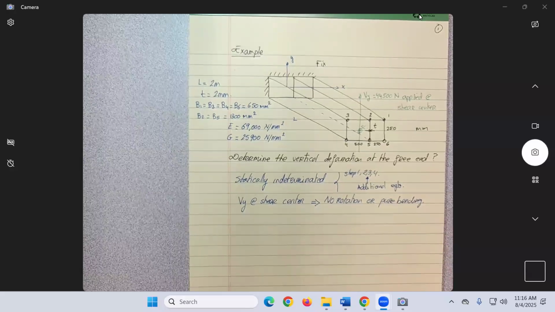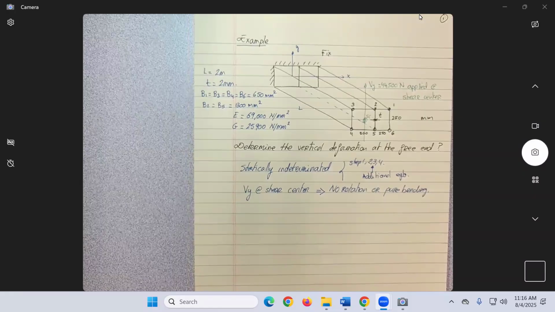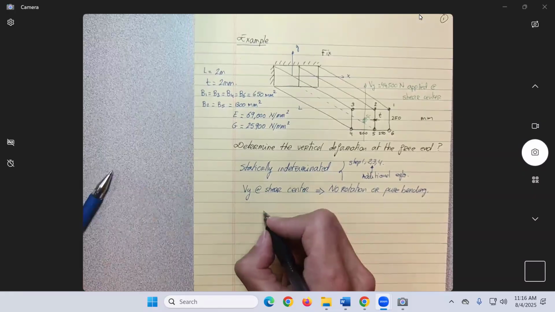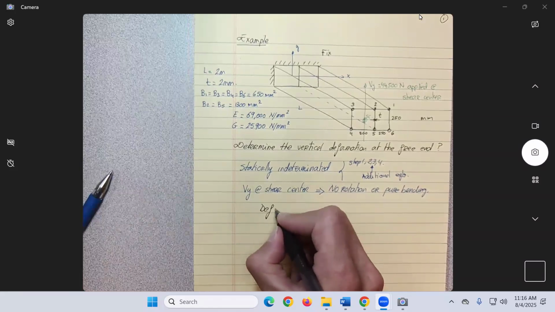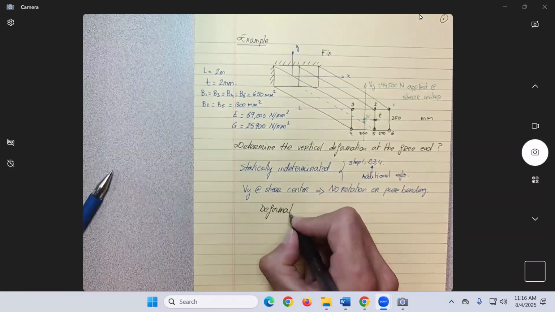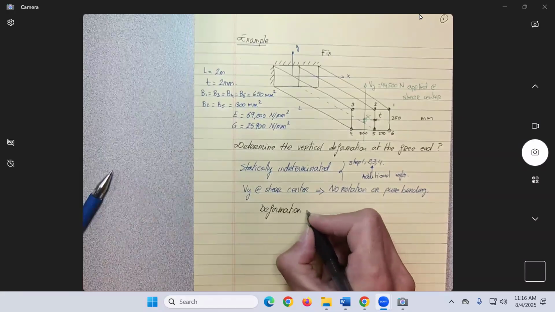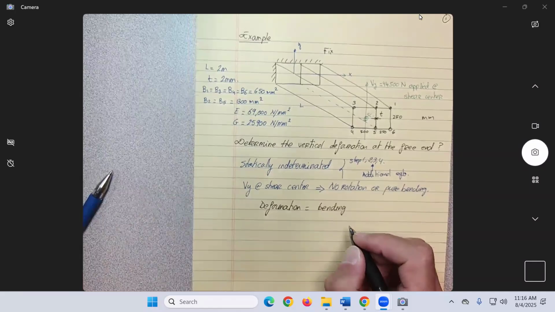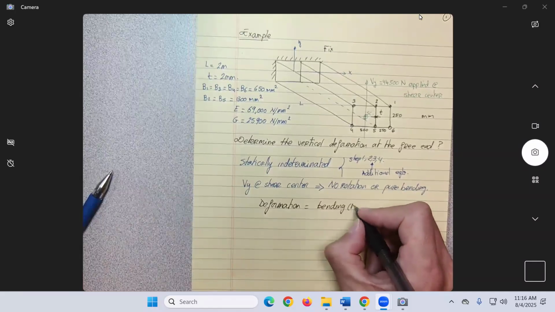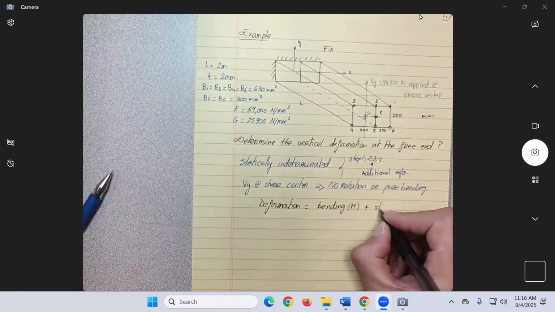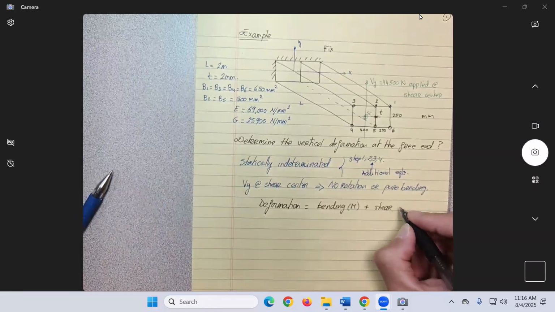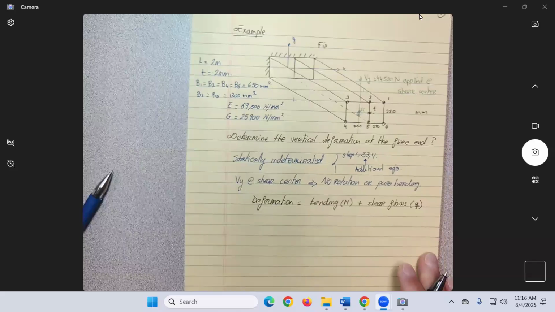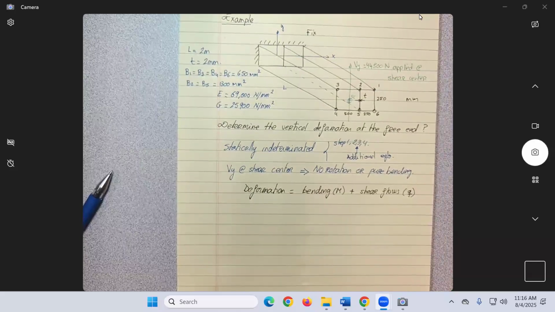Okay, and we're going to say over here that the deformation at the free end should have one component due to bending, as we discussed, so the bending moments M's, plus the shear flows Q.